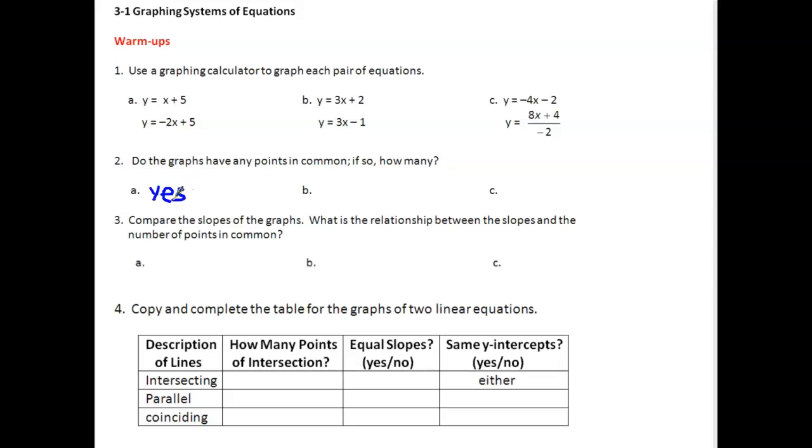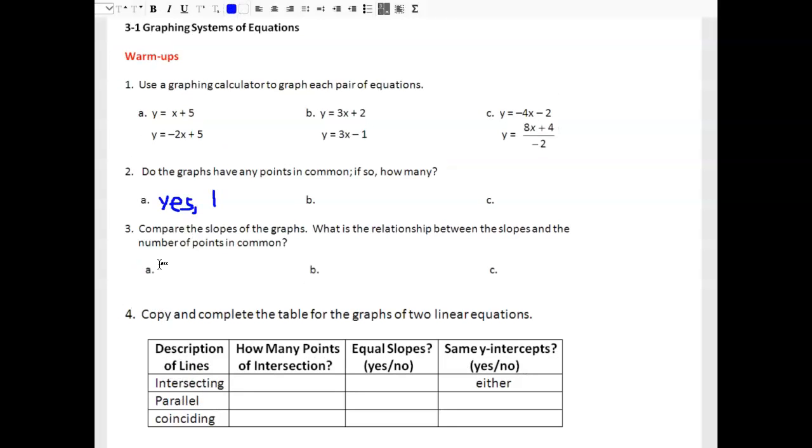We saw that they only crossed each other once, so they have one point in common. It says compare the slopes of the graph. What is the relationship between the slopes and the number of points in common? So the slopes are opposite and not really related.